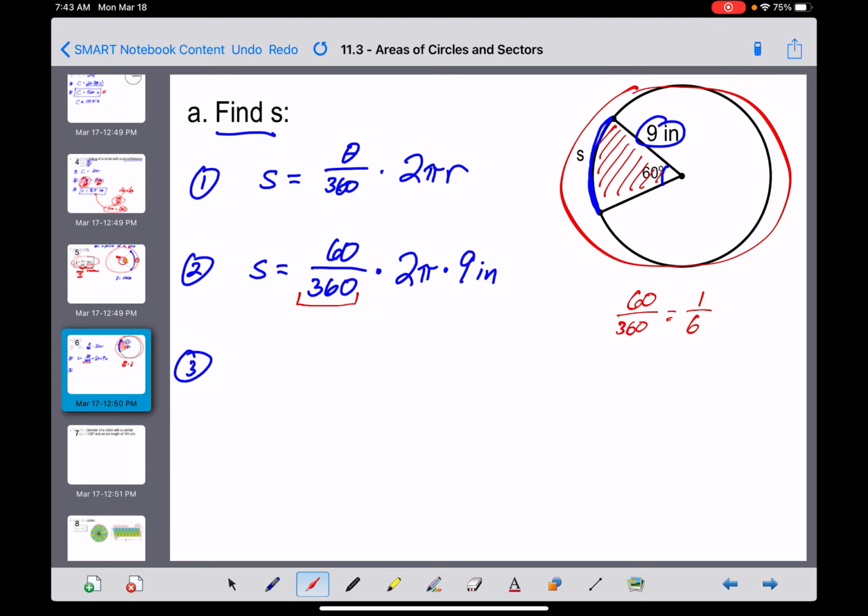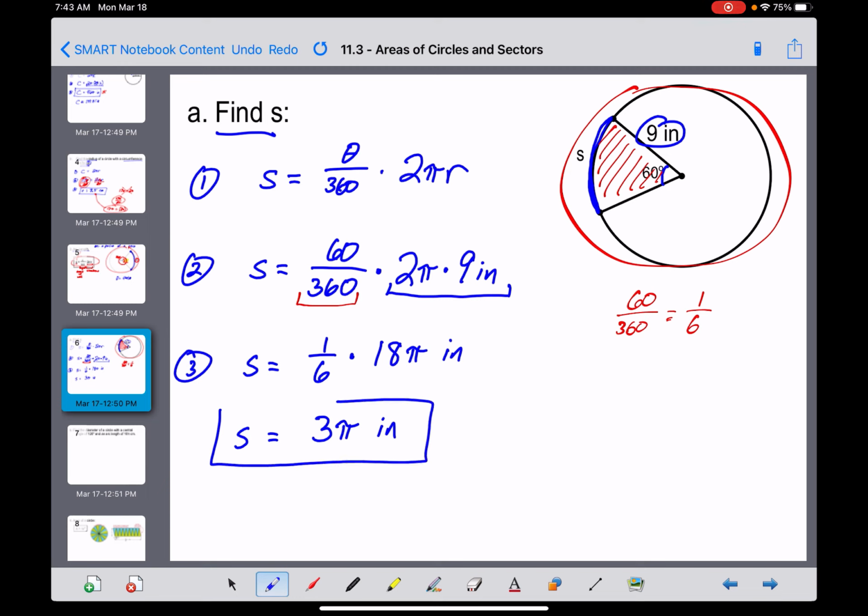So if I wanted to do this slowly, I'd say that fraction becomes 1/6, and my circumference, 2 times pi times 9, is going to be 18 pi inches. And then 1/6 of 18 is going to give me 3 pi inches for the length of that arc.